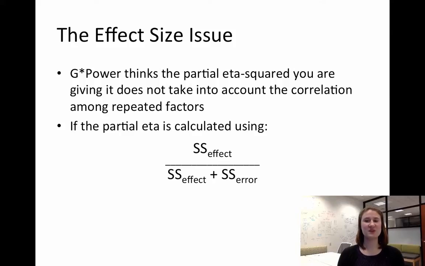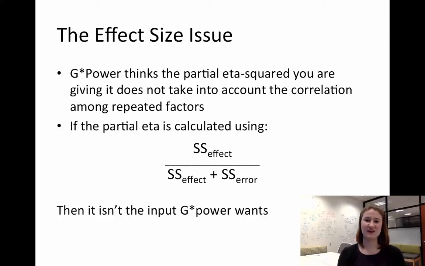Because this formula uses the sums of squares from the F-test, any partial eta squared that's calculated using this formula is already going to take into account the correlation among the levels of a within subjects factor. And so because of that, if you use a partial eta squared that's calculated using this formula, you're not going to be giving G-Power the input that it thinks it's getting.